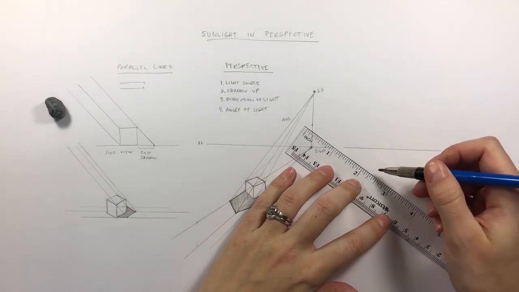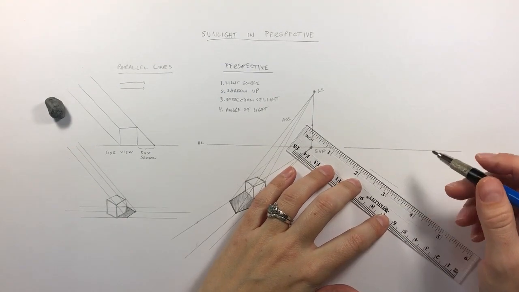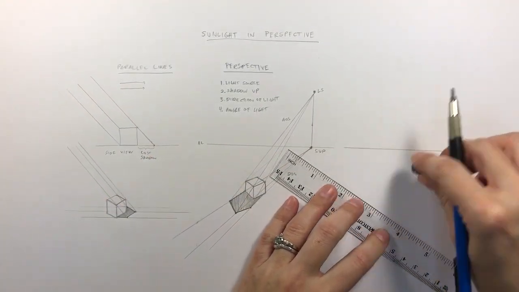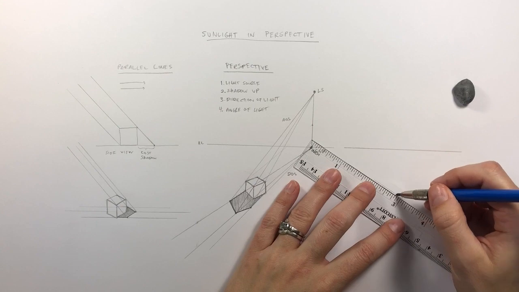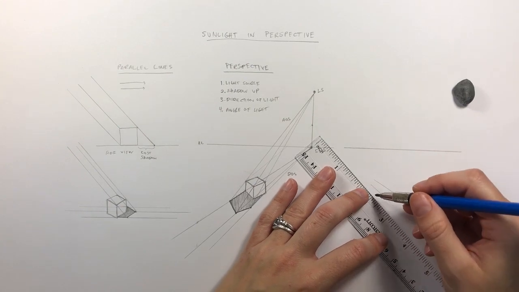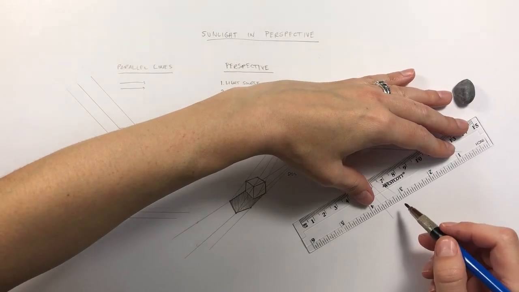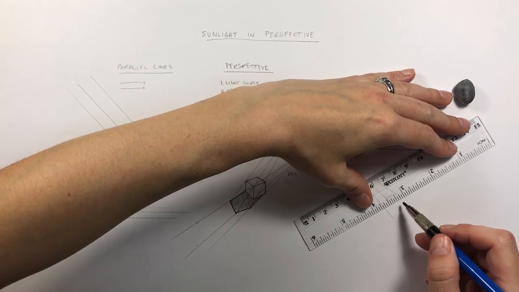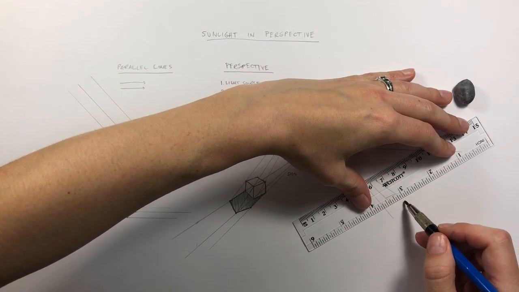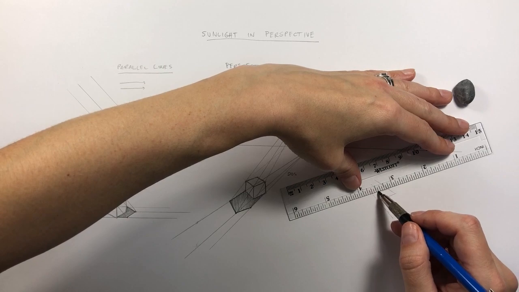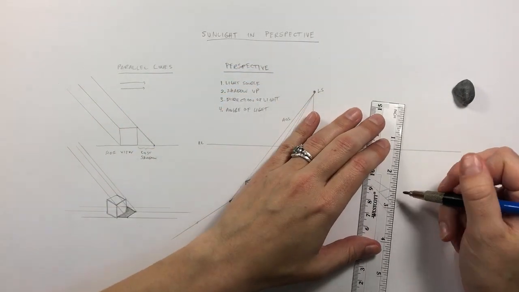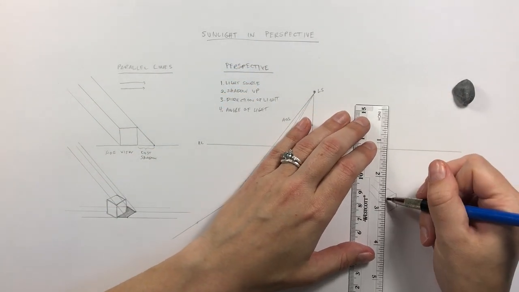So let me draw my cube here. I'll draw it low again. Just kind of roughing this out here.